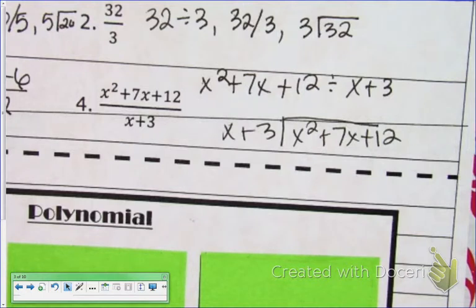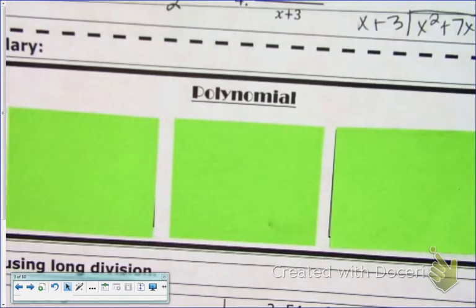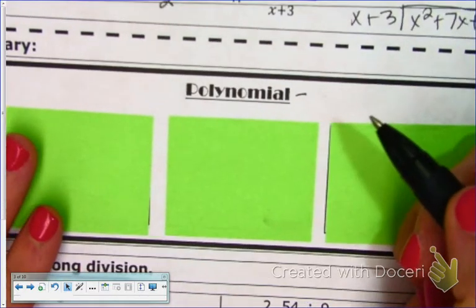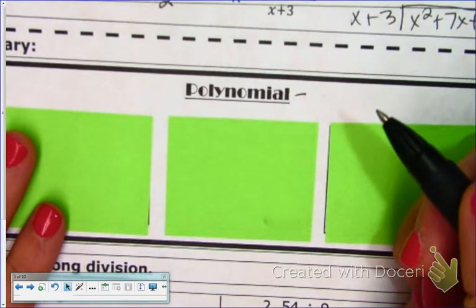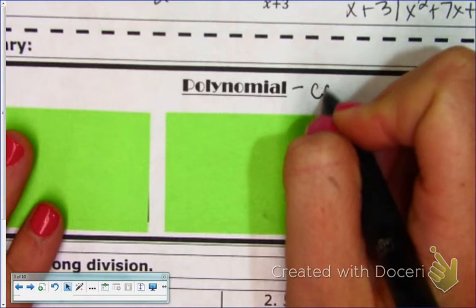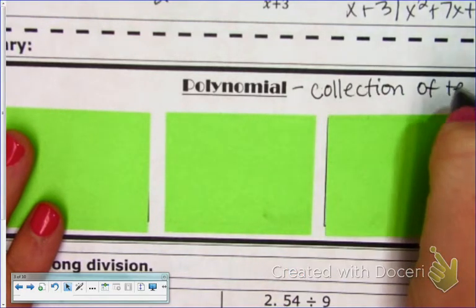Yes. Okay, so let's take a look at some vocabulary, because without vocabulary, I'm going to be up here saying a lot of things, and you're going to be looking at me like, I don't know what you're saying. So, are you ready? A polynomial is a collection of terms.